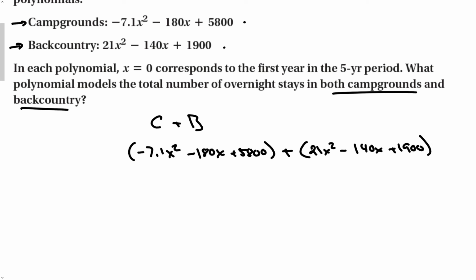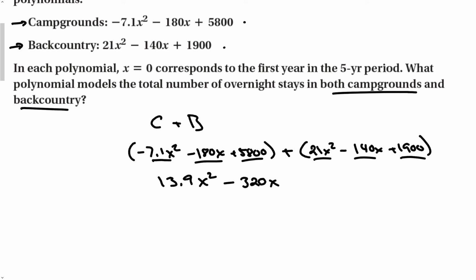Okay? So, combining these, I can combine the like terms. So this one goes with this one, which gives me 13.9x squared, minus 180 minus 140 gives me a minus 320x.